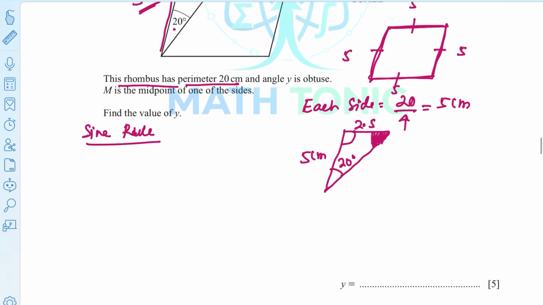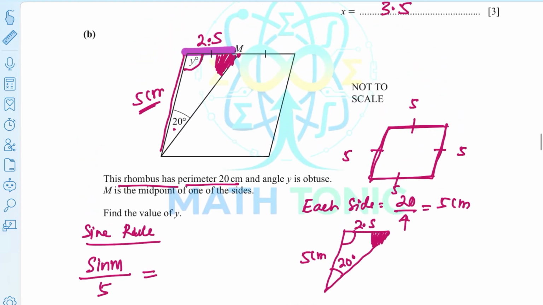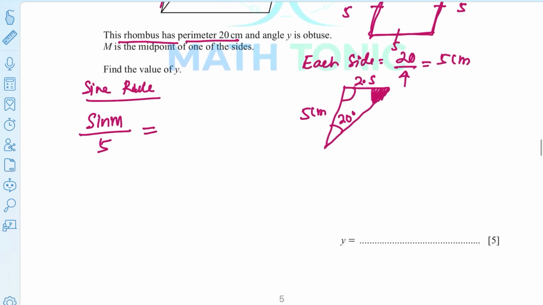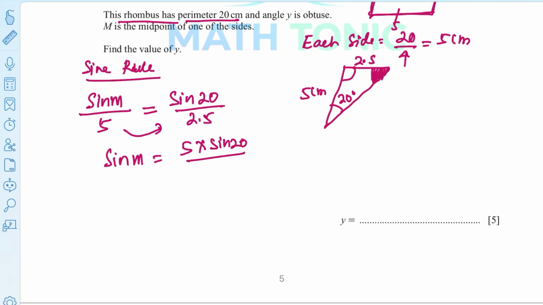So sine m over the opposite length 5 equals sine 20 over 2.5. If I move this 5, sine m equals 5 times sine 20 over 2.5.